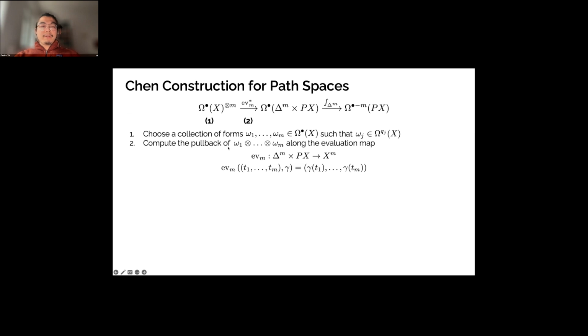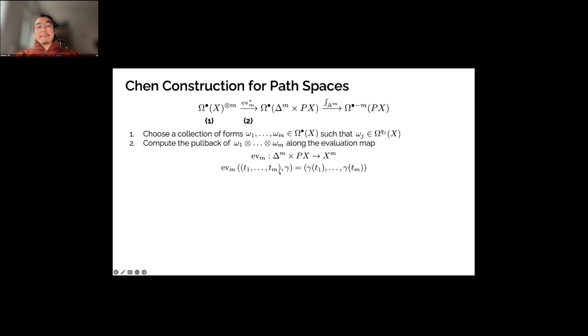We compute the pullback of the tensor product of these forms along what's called the evaluation map. So this is a map from the standard M simplex across the path space of the manifold into M copies of the manifold.